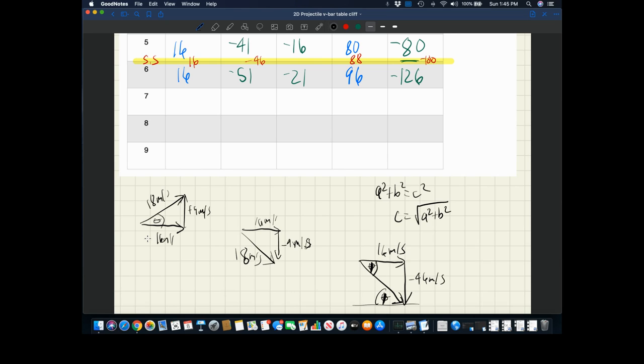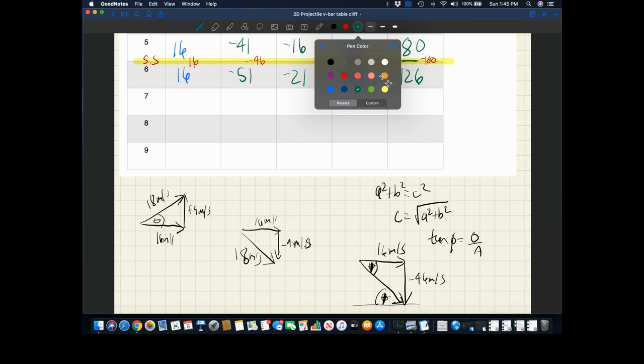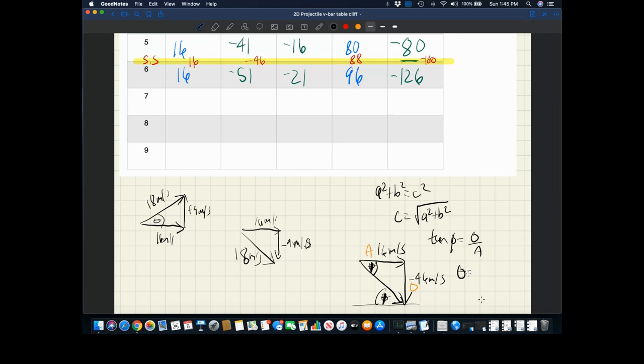And so in that case, the tangent of phi is opposite over adjacent. This is our opposite side, and this is our adjacent side. So then phi is the inverse tangent of 46 over 16.